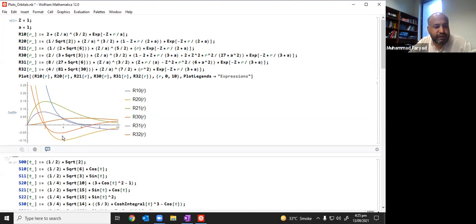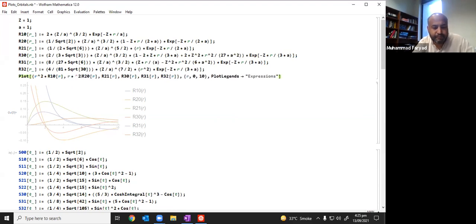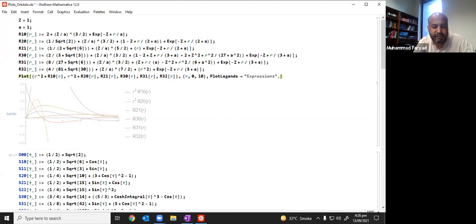So these are different radial distribution plots that we have. If you want to plot the probabilities, you can probably use R square with them. So then you can also plot the probabilities if you want to see everything.